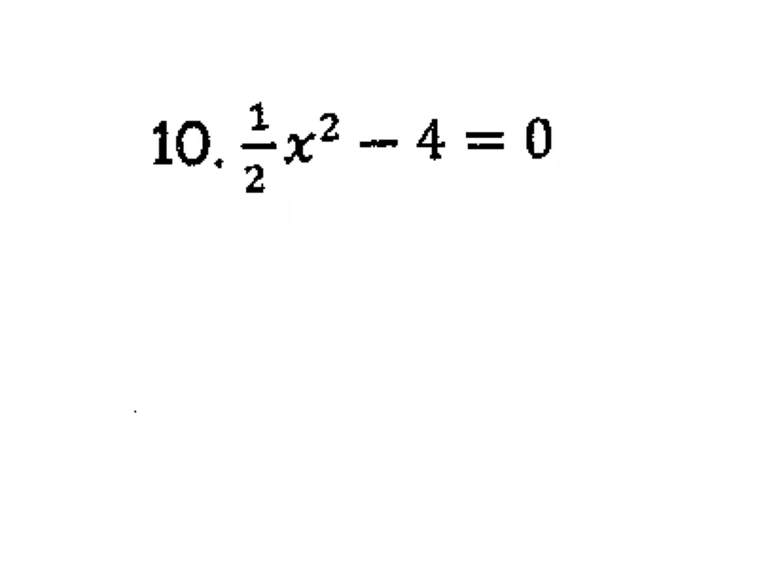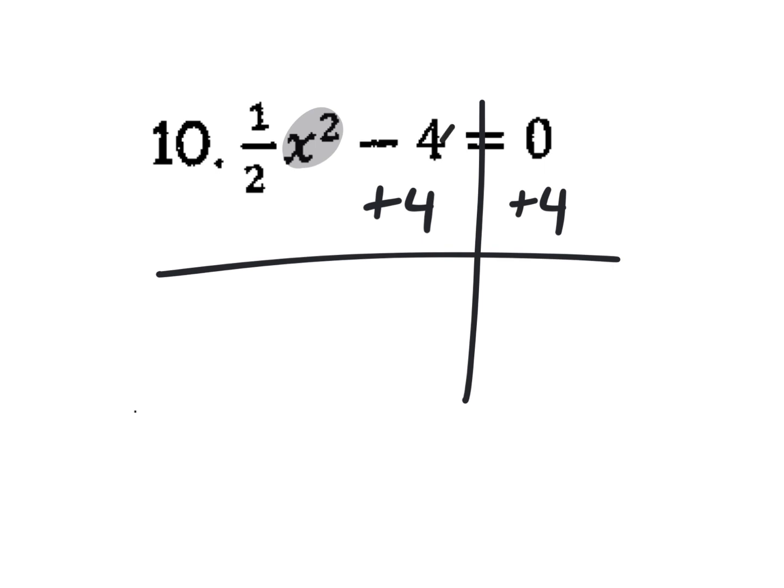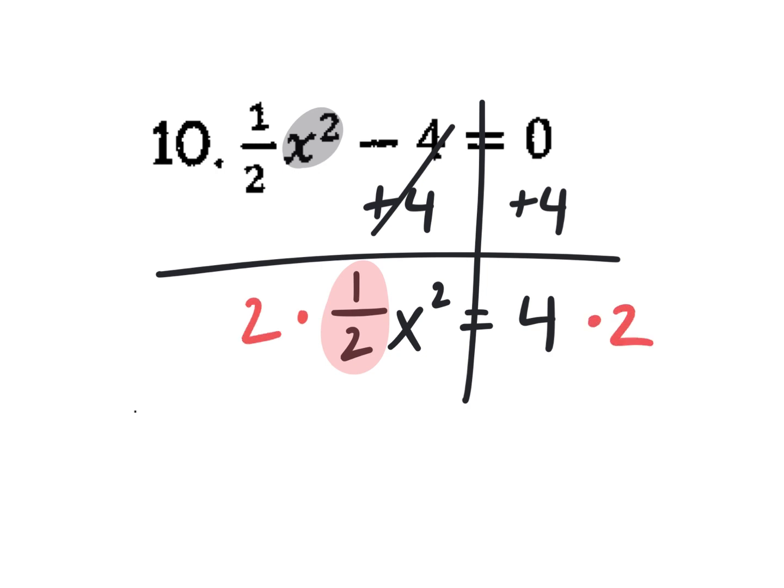And lastly, number 10, I want to isolate this x squared term. So I'm going to start by adding 4 to both sides. And I get 1/2 x squared equals 4. And then the tricky one here, to get rid of 1/2, we are going to multiply both sides by 2.